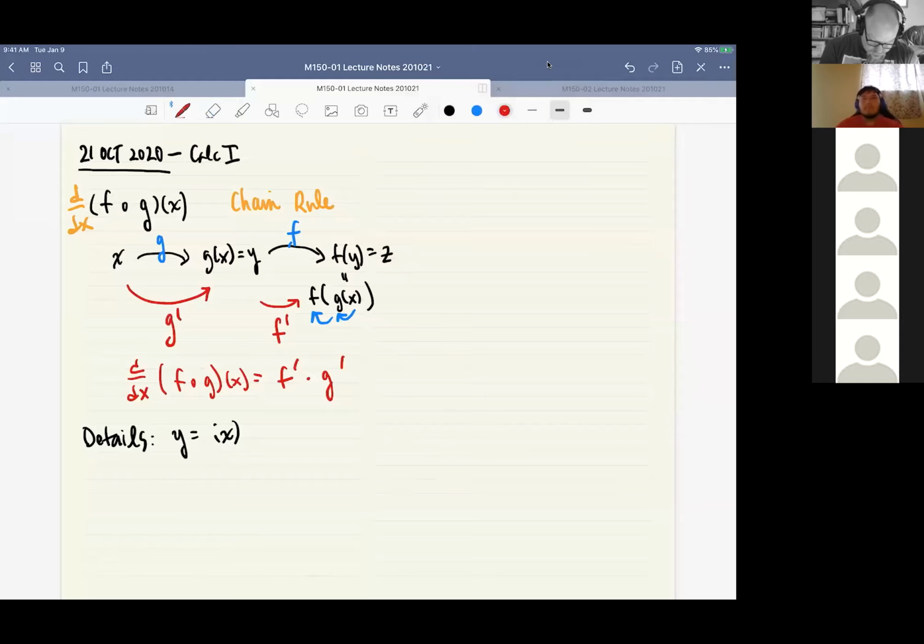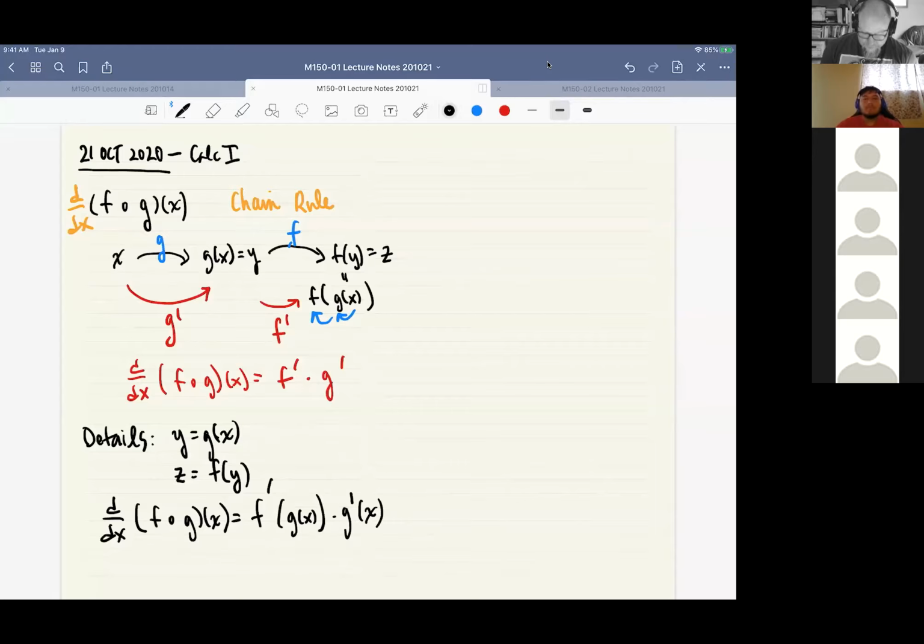Except down here, I want to put a G. And then, so G takes X to a Y, and then F takes that Y to a Z. So then we say the derivative with respect to X of F composed with G of X is F prime of G of X times G prime of X. Okay. So that's one way we can write the chain rule.